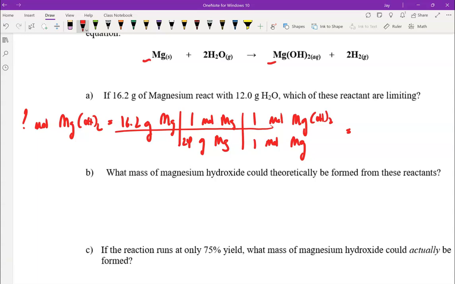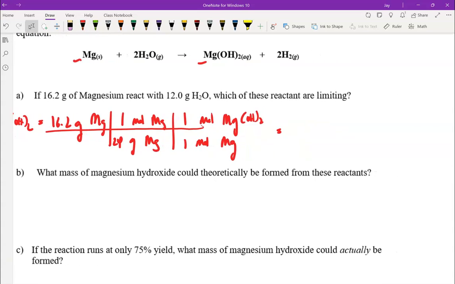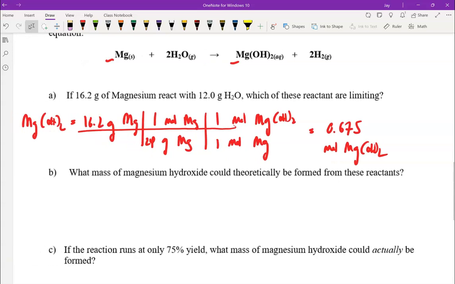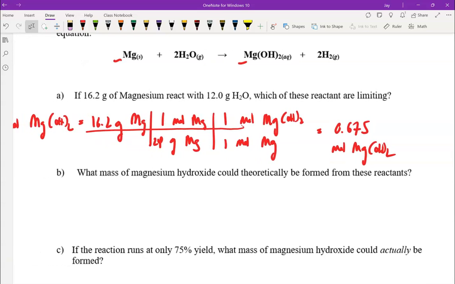So our calculator is going to tell us 16.2 divided by 24 times 1 divided by 1 is 0.675 moles of magnesium hydroxide. That's what the magnesium is going to allow us to make. You react 16.2 grams of magnesium, you get 0.675 magnesium hydroxide.